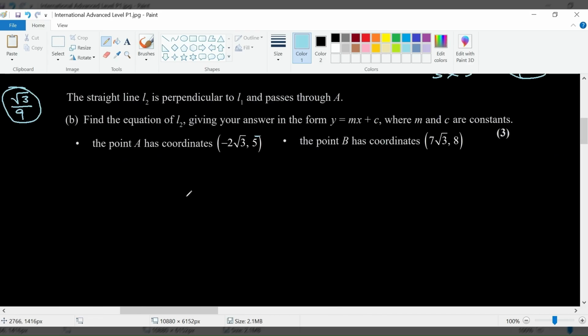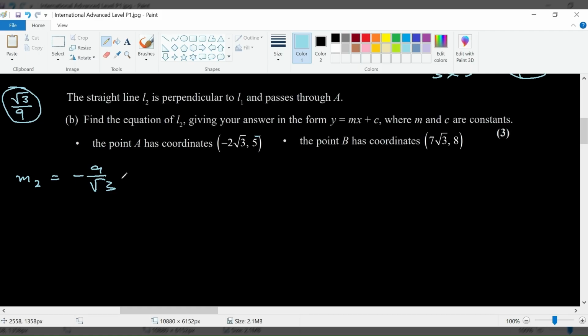Now, for part B of this question, it says straight line L2 is perpendicular to L1. That means whatever the gradient of L1 is, it's going to be the reciprocal with the opposite sign. So the gradient of the second line is going to be negative 9 over root 3, the reciprocal of the first line.